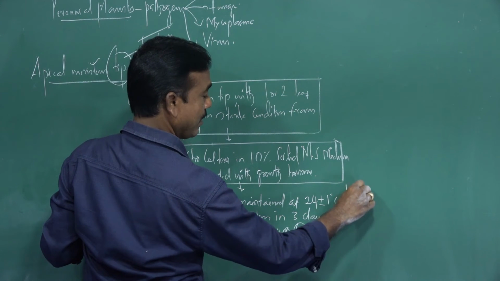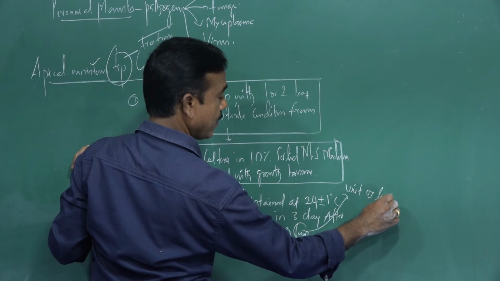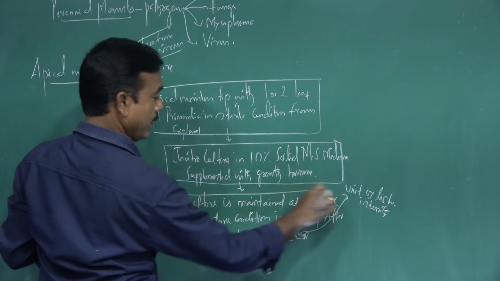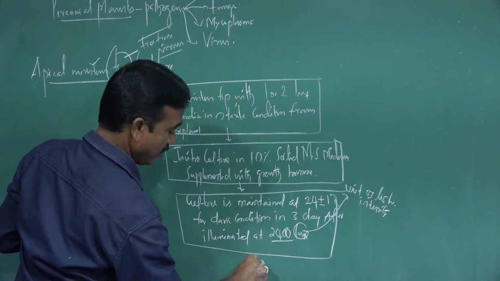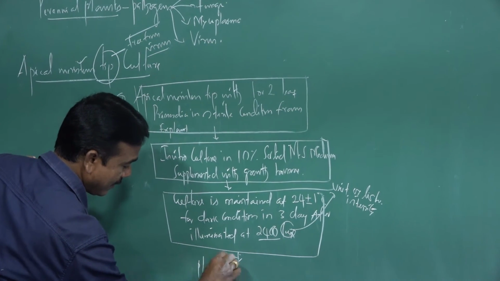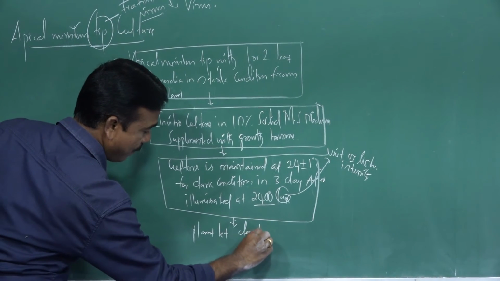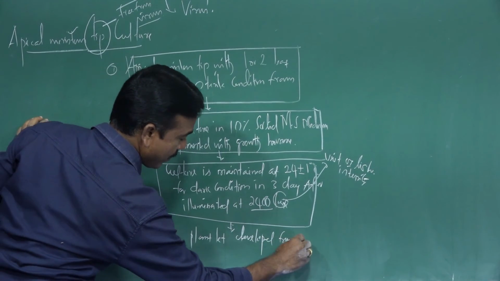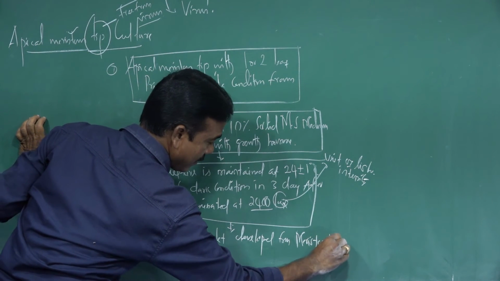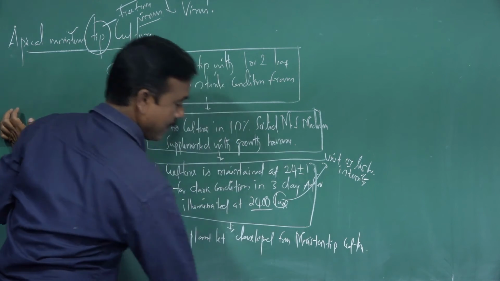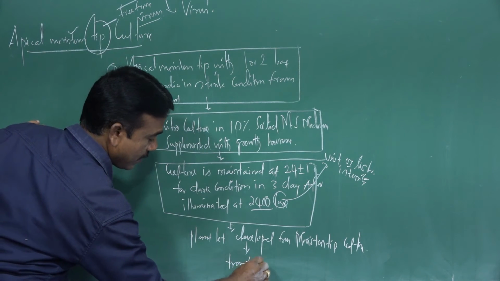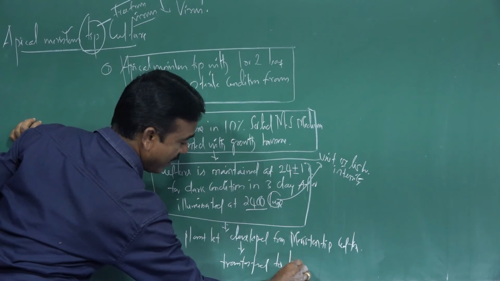A unit of light intensity. The last step: the plantlet developed from meristem culture is finally transferred to hardening.